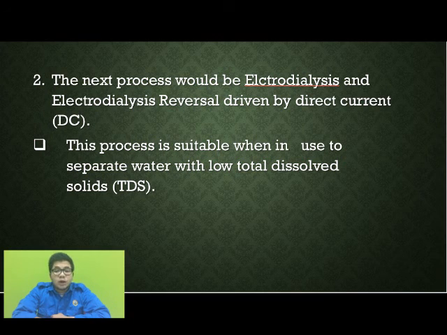This process is suitable when it is used to separate water with low total dissolved solids.